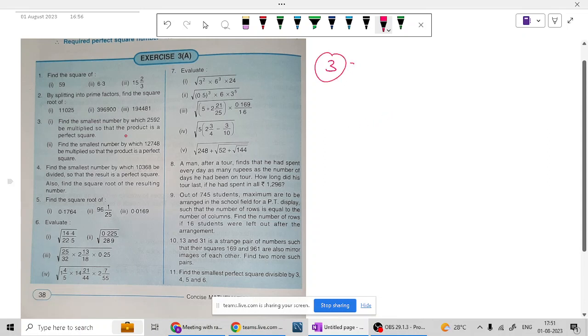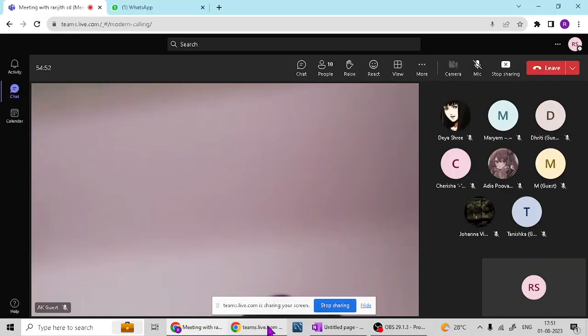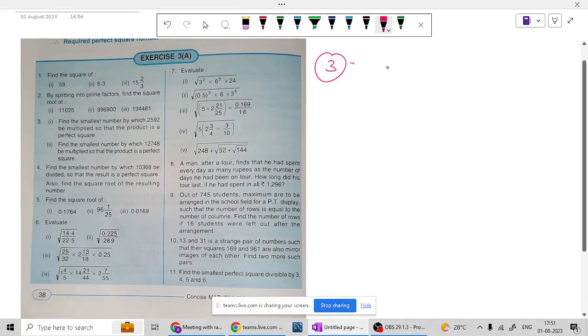Third question. Yes, Akansha, read out the third question. Third main, first one. Page number 38.